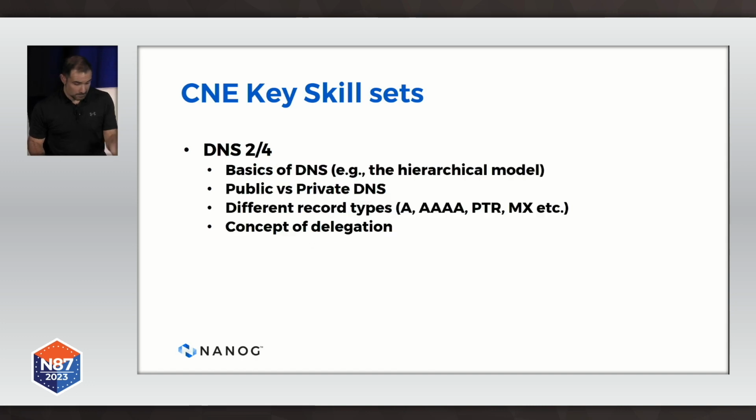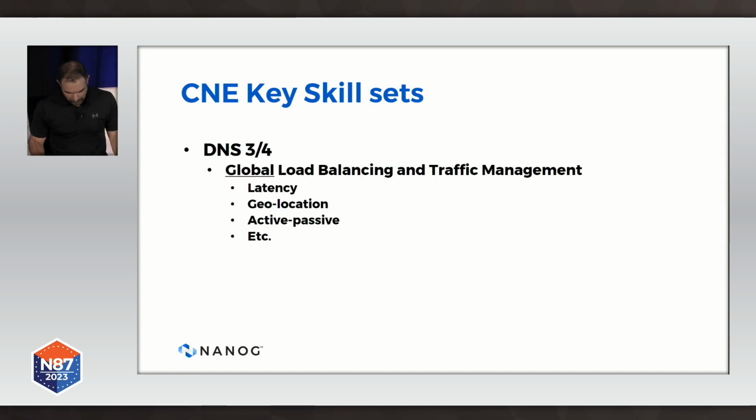And we talked about this. You need to know, of course, all the different types of records, as we did, and the concepts of delegation, the DNS hierarchy model, and how that works. And some interesting stuff on this slide.